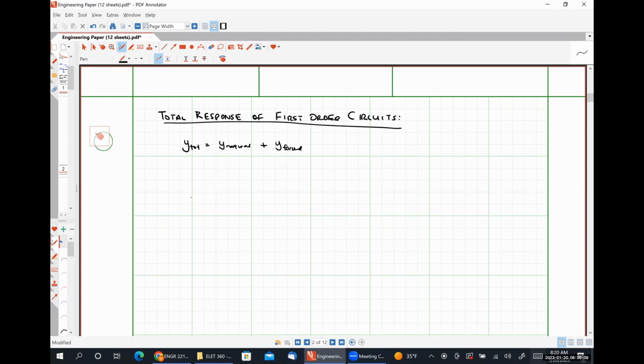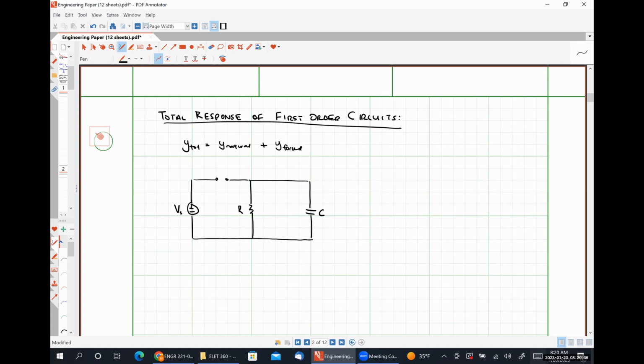So let's look at a very simple and generic RC circuit where we have some voltage source connected through a switch to a simple network containing a resistance R in parallel with some capacitance C. And our quantity of interest in this case will simply be our capacitor voltage.